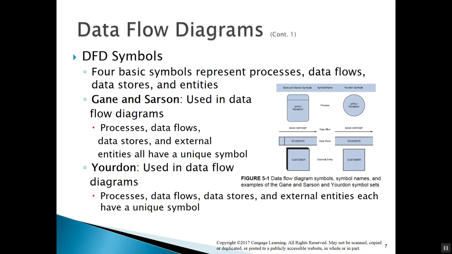That's a process. The line, that's the same in either one, and that's data flow. Students, a data store is like a rectangle on its side, open on one end. Somewhere data is being stored. And then we've got external entities that are outside the system itself, and we'll see those as squares.